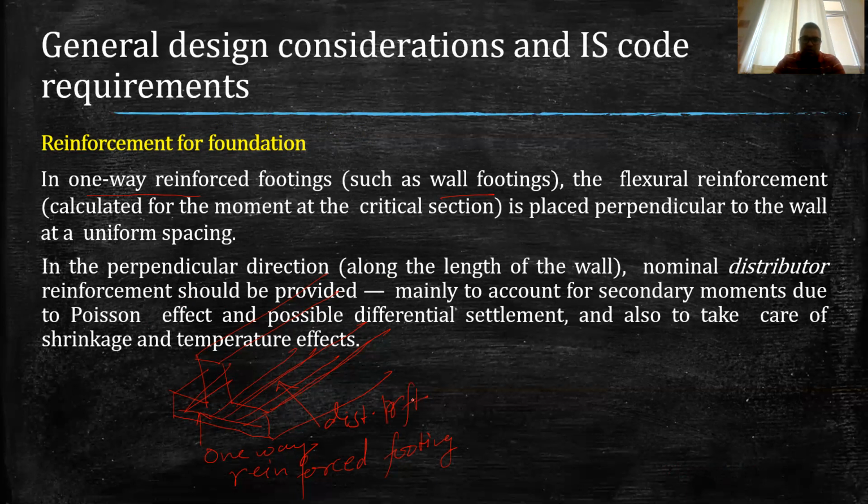along the longer side. Now, if we are designing a foundation for a column, say a square column, something like this, in that scenario we provide reinforcement along this face and along this face also.